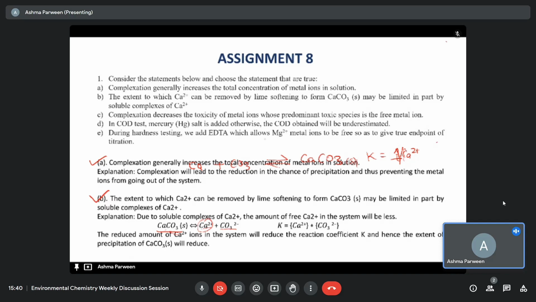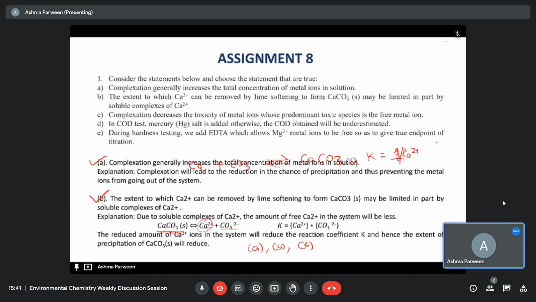In the magnesium-EBT complex, EDTA replaces the EBT and the magnesium-EDTA complex is formed, which gives us the endpoint with change in color to blue. So options A, B and C are correct.